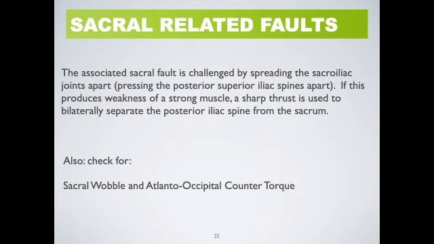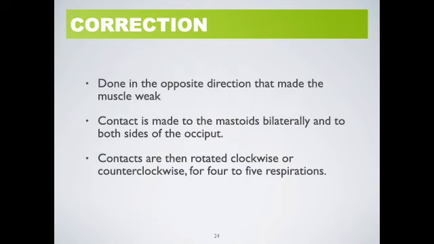You've got a disrelationship between the mastoids and the atlas, or between the atlas and the occiput, but you end up contacting the area where the occiput articulates with the mastoid. So you want to check those faults when you find a universal fault.